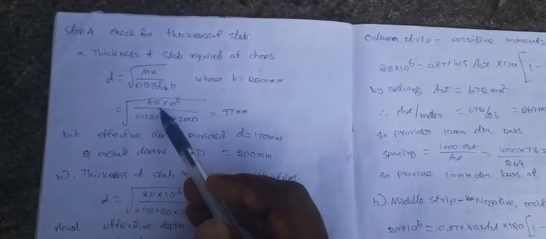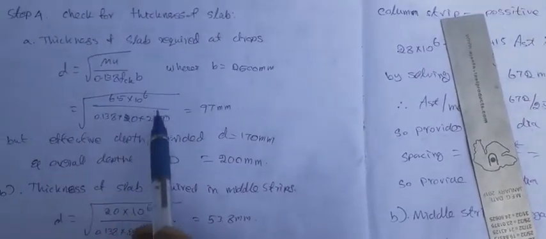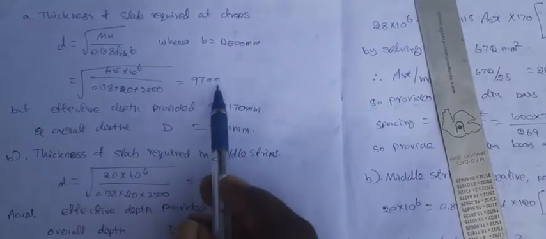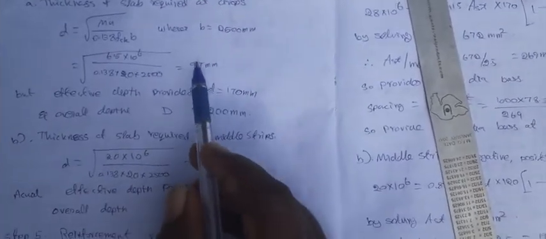Mu's value is 65 into 10 power 6. Already we know 65 is the negative bending moment at the column strip, so we provide 65 as the moment. So 65 into 10 power 6 divided by 0.138 into 20 into 2500 is 97 mm. So 97 mm is the minimum required thickness for the flat slab.